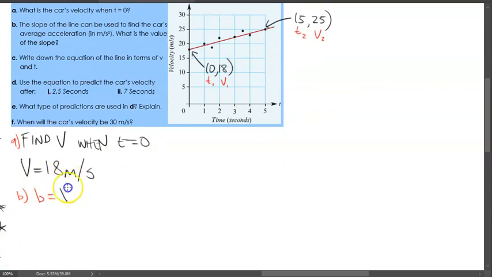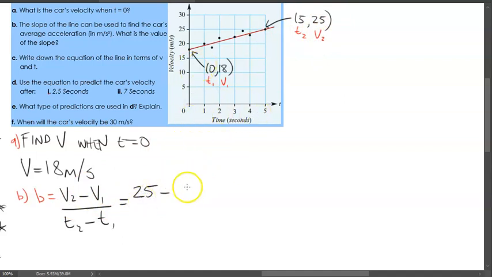And this is equal to V2 take away V1 all over T2 take away T1. So remember, it's Y2 take away Y1 over X2 take away X1. We're putting the real context in now, velocity and time. And simple, straight substitution. V2 is our 25.